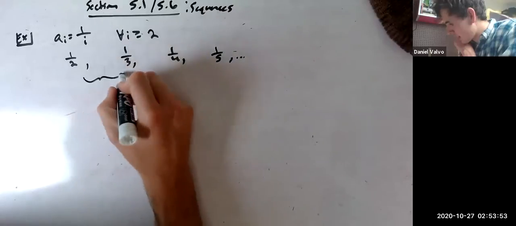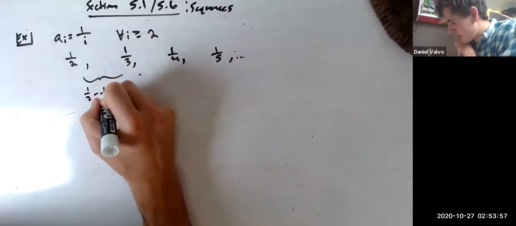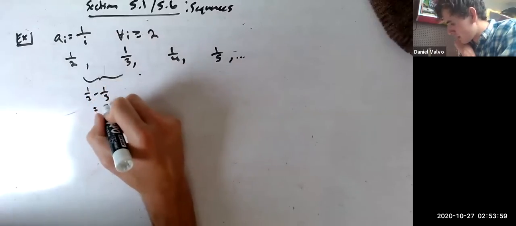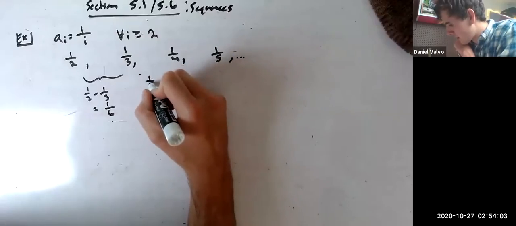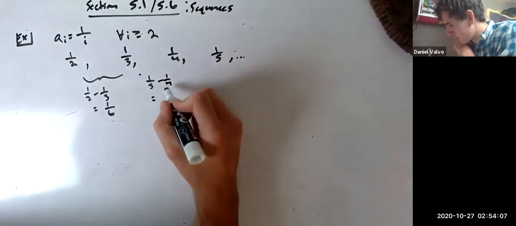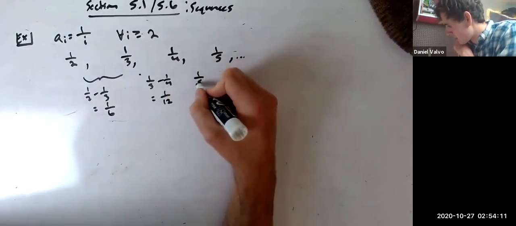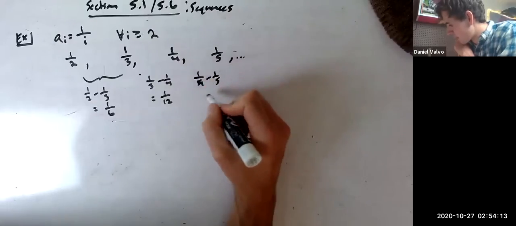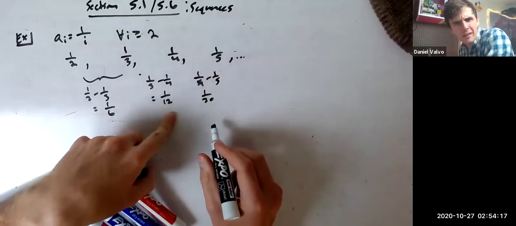Oh, you're saying like, you look at the difference here, it's going to be 1/2 minus 1/3, which is 1/6. The difference here is going to be 1/3 minus 1/4, which equals 1/12. The difference here is 1/4 minus 1/5, which equals 1/20. Can I work with that?